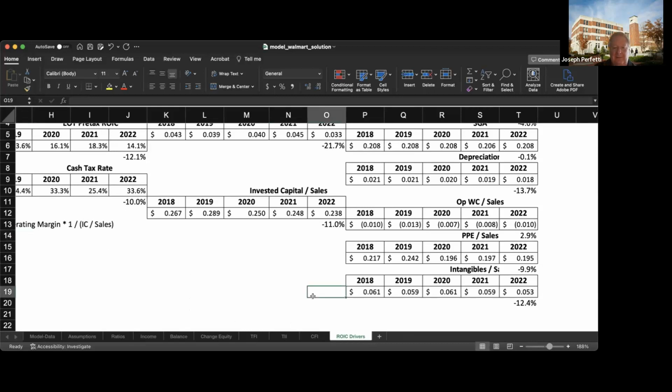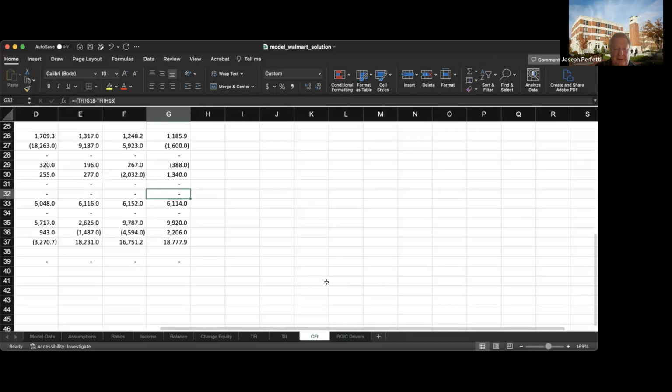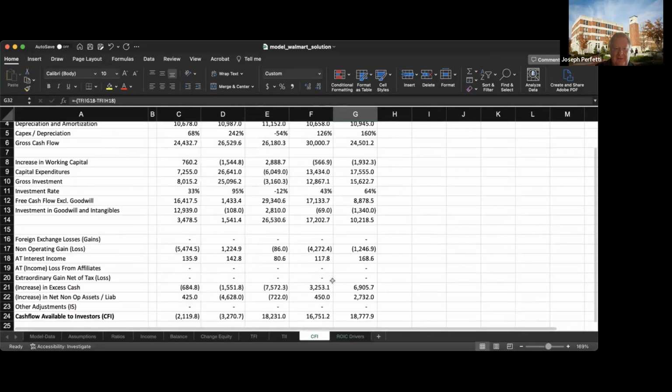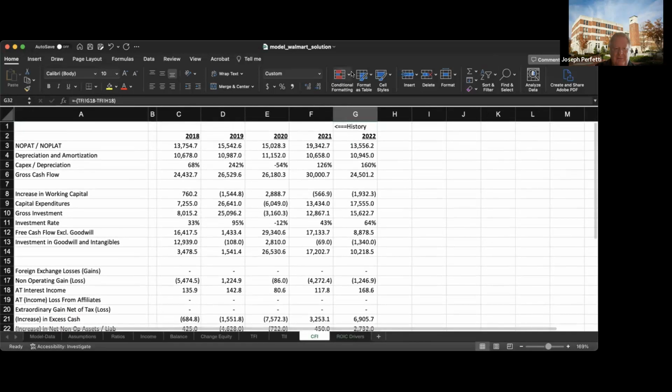Okay. Since we're on Walmart, what was going on with their cash flow? Now, for your purposes, I only asked you to do free cash flow, which is gross cash flow minus gross investment. I don't have a total line in here, so I'll just add one very quickly.